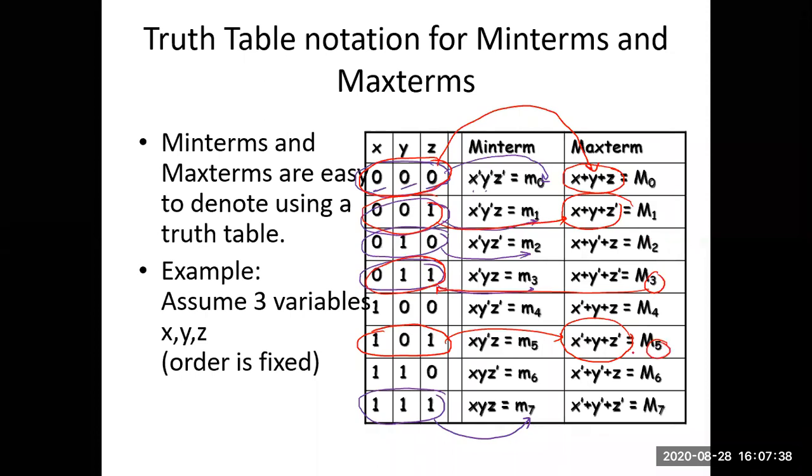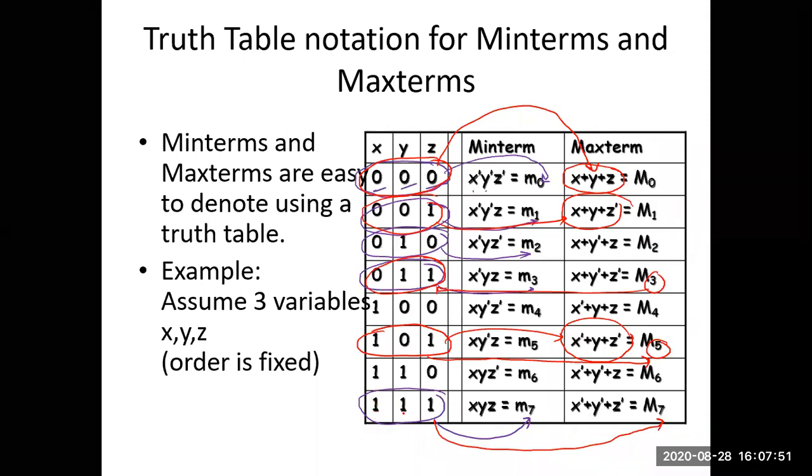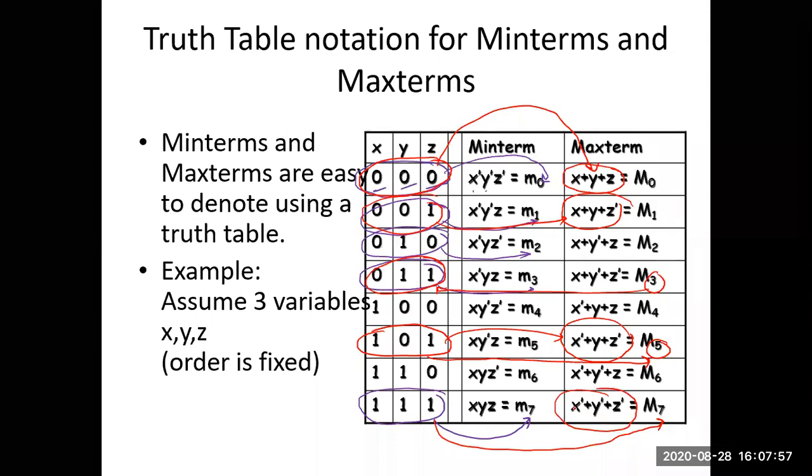This 5 is the decimal equivalent of 1 0 1, and similarly 1 1 1 is the decimal equivalent of 7. For 1 1 1 it is x bar plus y bar plus z bar.